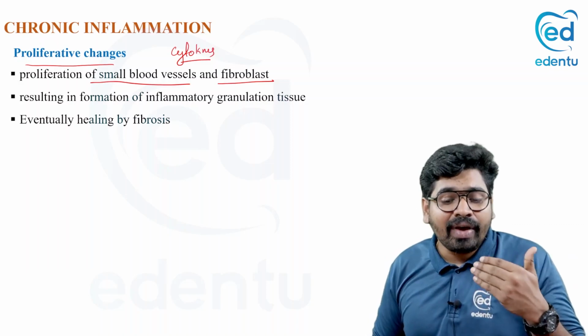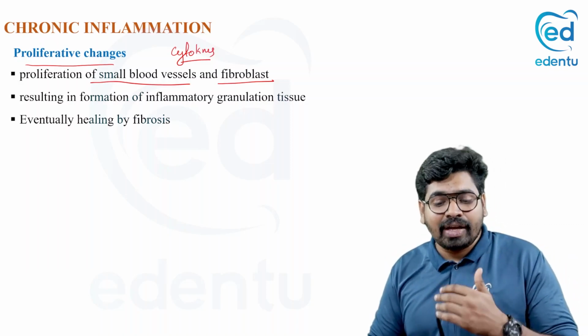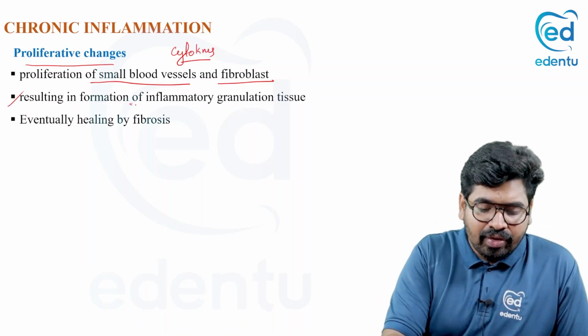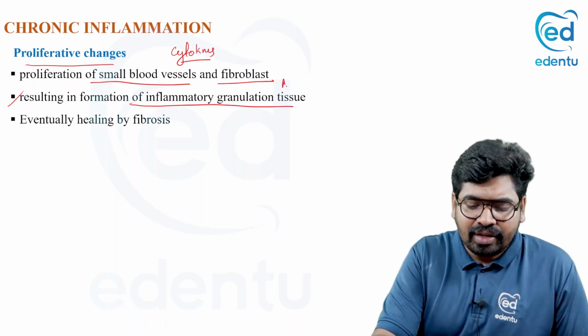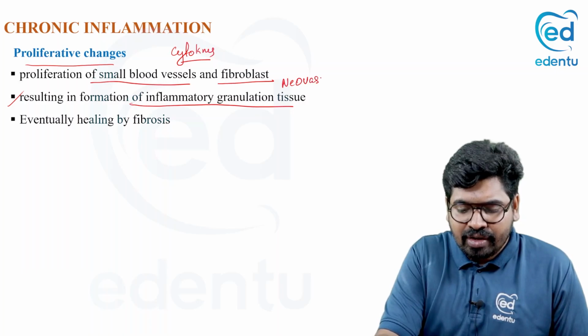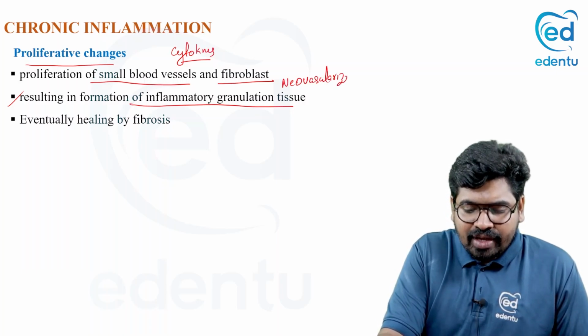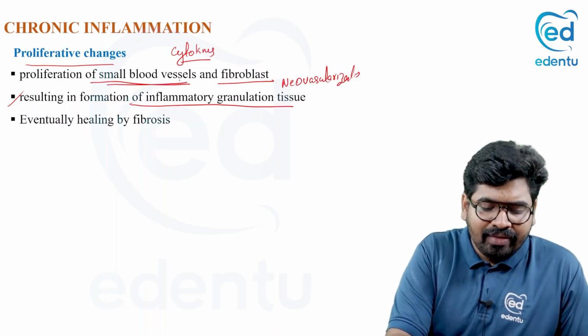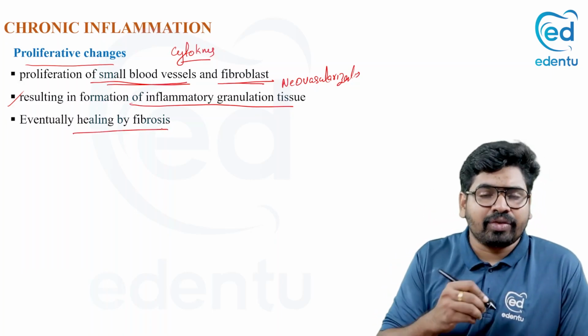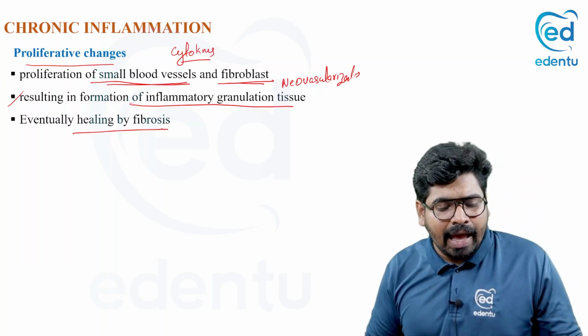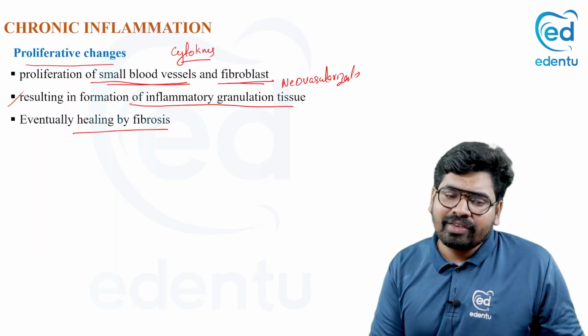So there is neovascularization and fibrosis, so there is formation of granulation tissue. In the granulation tissue, there is vascularization brought about by small, proliferating blood vessels, and fibroblasts cause fibrosis. So that's what happens in your chronic inflammation.